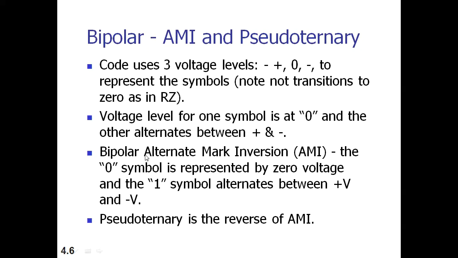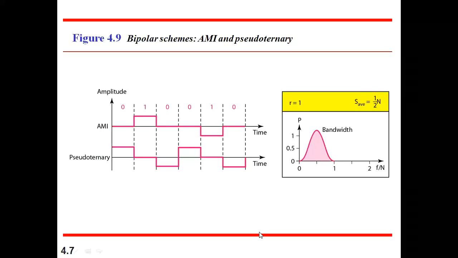Bipolar AMI, alternate mark inversion: the zero symbol is represented by zero voltage, and the one symbol alternates between positive and negative. We'll see the example. Pseudoternary is exactly the reverse of AMI. What are AMI and pseudoternary? We will see.